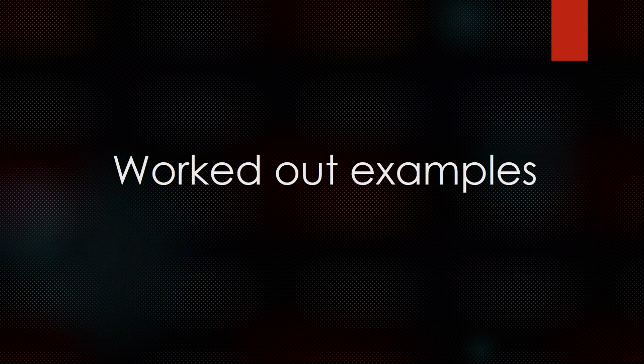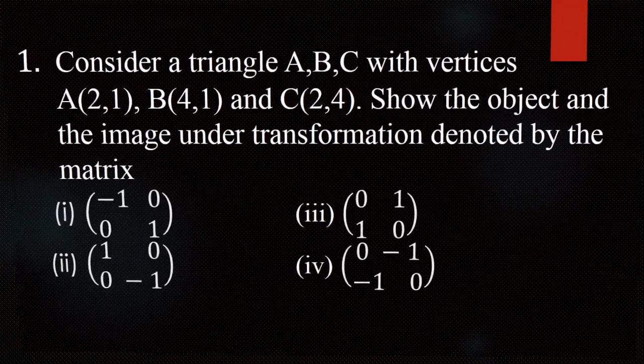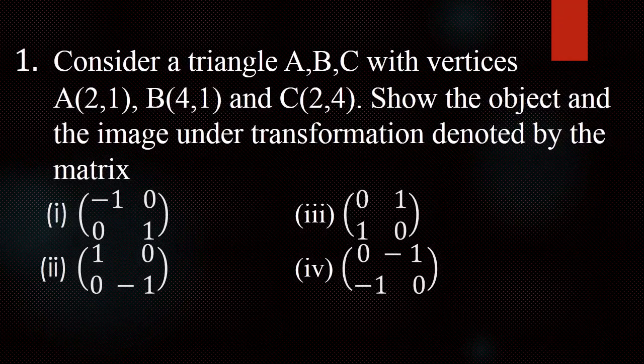We can go to worked out examples. Example 1. Consider a triangle ABC with the vertices A(2, 1), B(4, 1), C(2, 4).